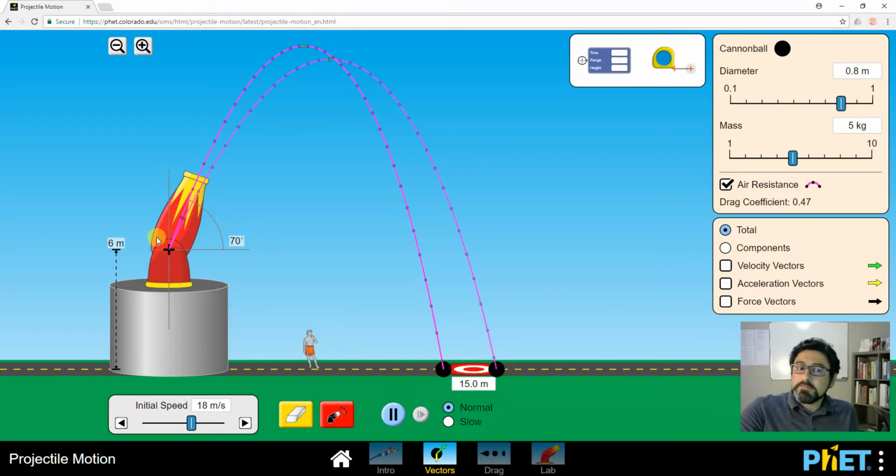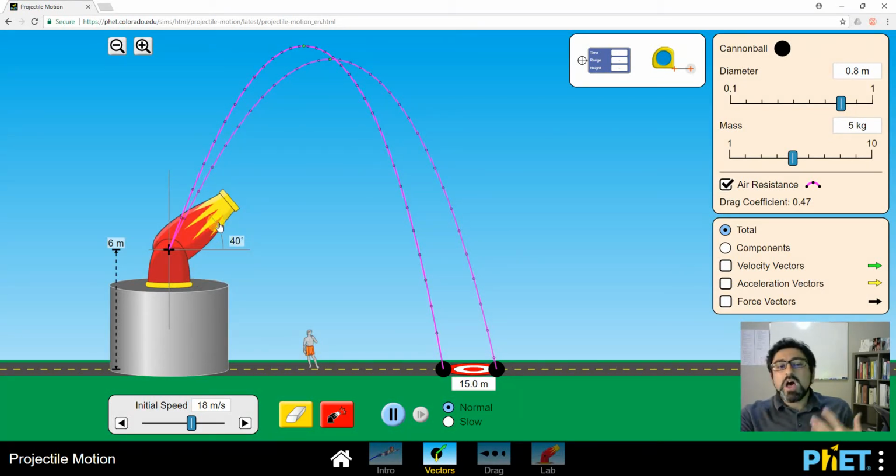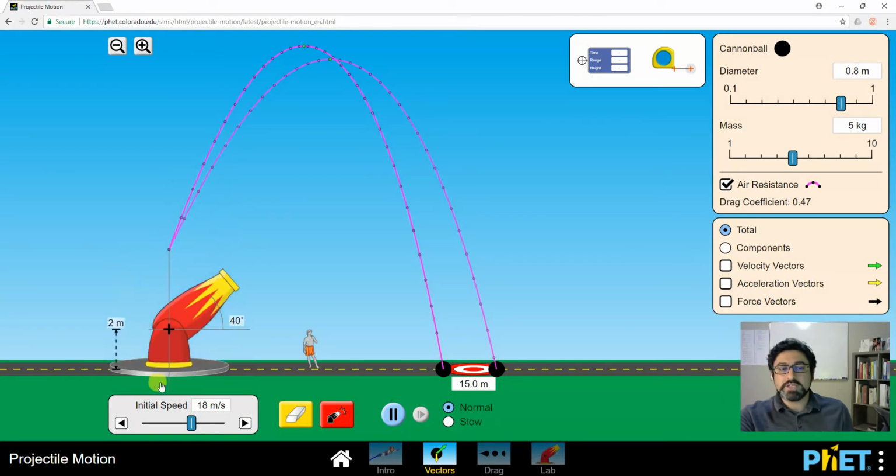So here in this problem, not only do you need to know the initial speed of the cannonball, you also need to know its direction, right? And therefore, if you know the velocity of the cannonball, you should be able to predict where the impact point is, given that you know the height of the stage, right?